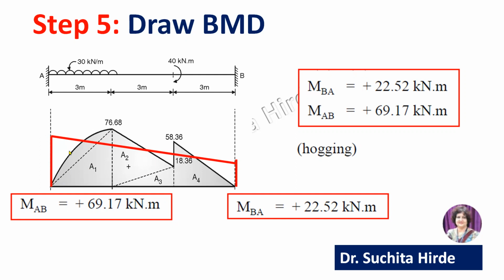So this portion is hogging portion, and the portion which is above this line is a sagging portion. And where there is overlapping of positive or negative, there will not be any bending moment. So this is how we can draw the bending moment diagram in this case.